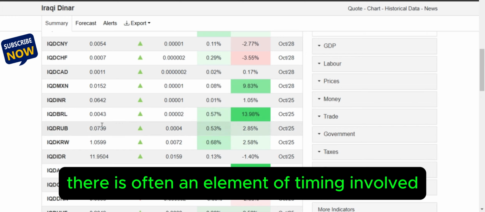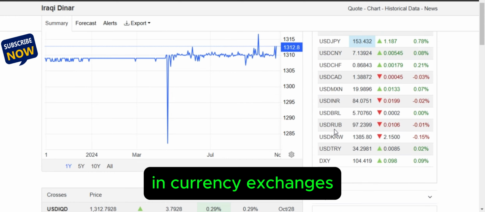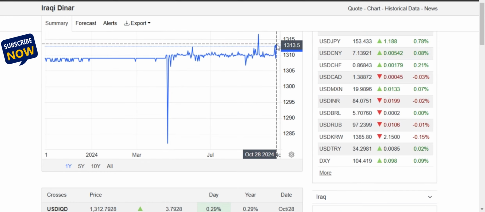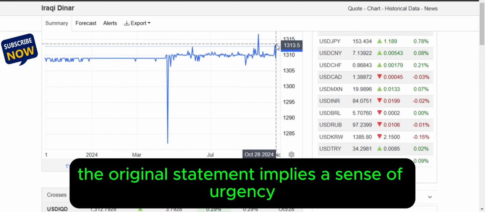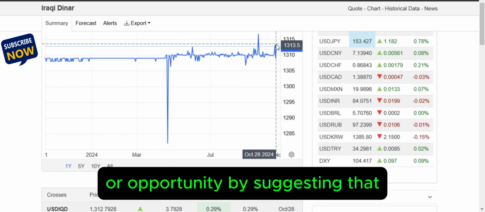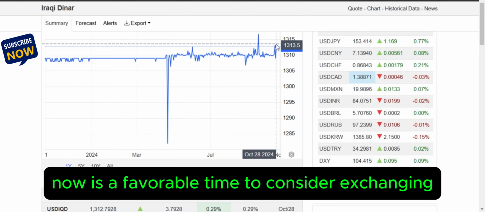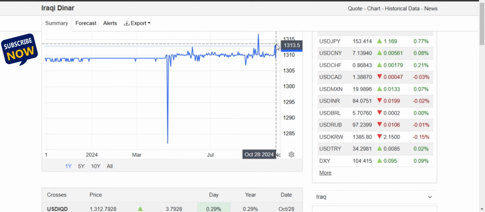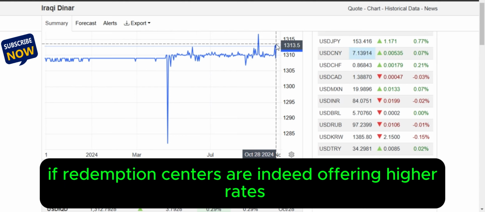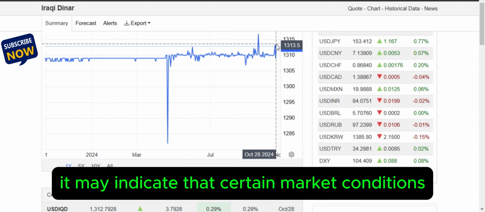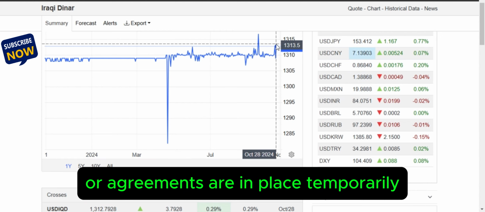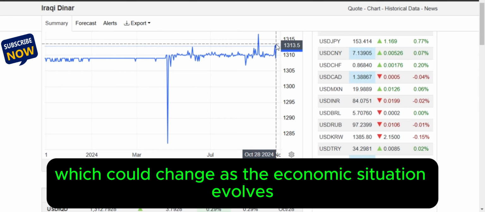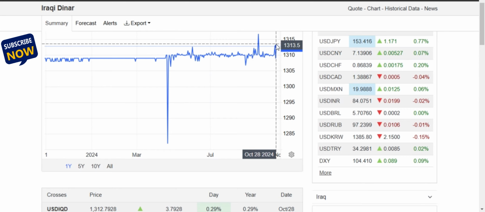Additionally, there is often an element of timing involved in currency exchanges. The original statement implies a sense of urgency or opportunity by suggesting that now is a favorable time to consider exchanging the dinar. If redemption centers are indeed offering higher rates, it may indicate that certain market conditions or agreements are in place temporarily, which could change as the economic situation evolves.